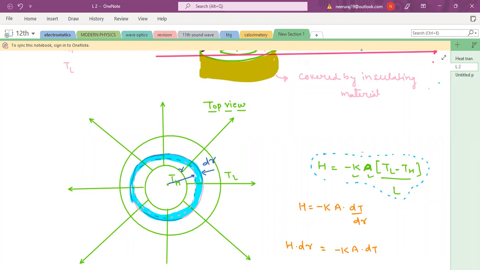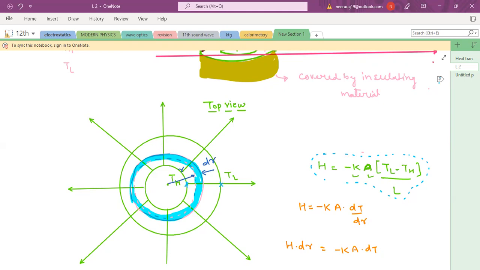In the direction of heat current, you need to take the length, and throughout the length, the area should be constant. But if you see here, bacho, this is the direction of heat current, right? This is the length. Length of heat flow is from R1 to R2. This is the length from this point to this point, the heat flow.